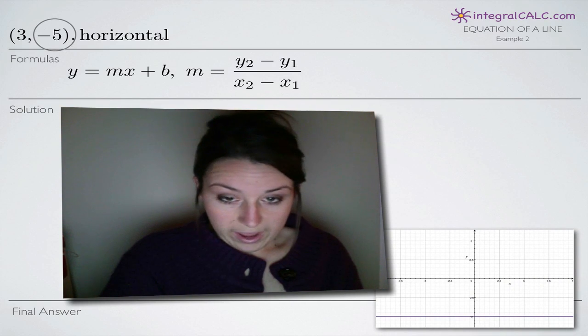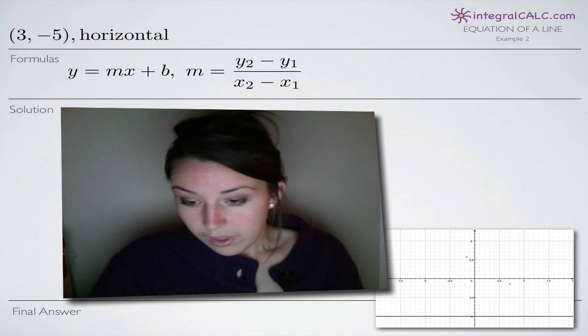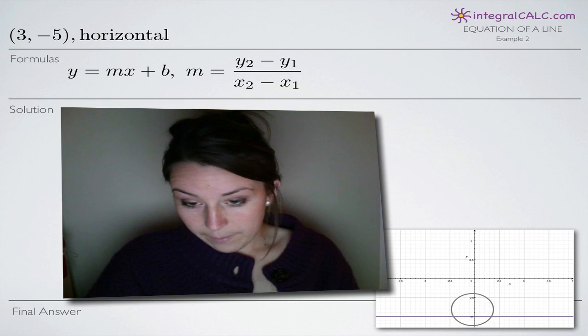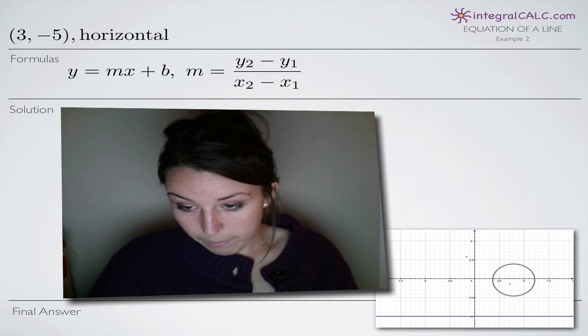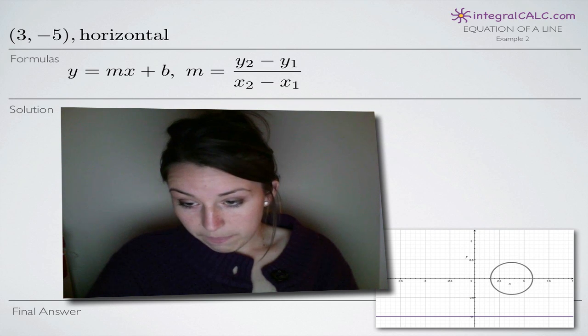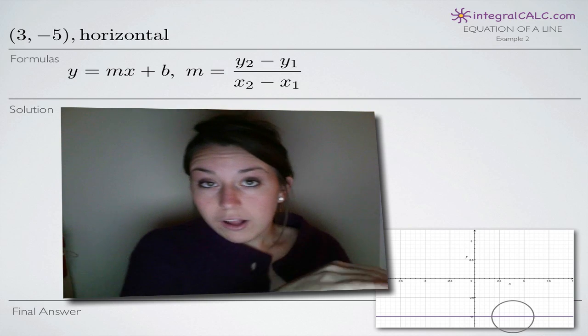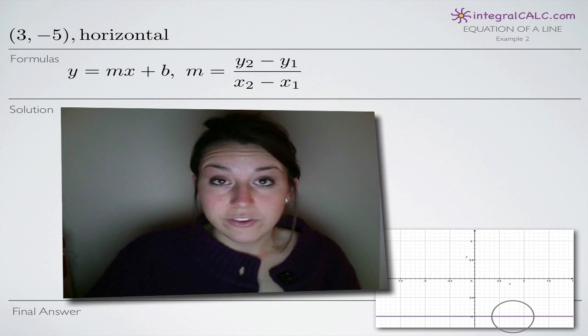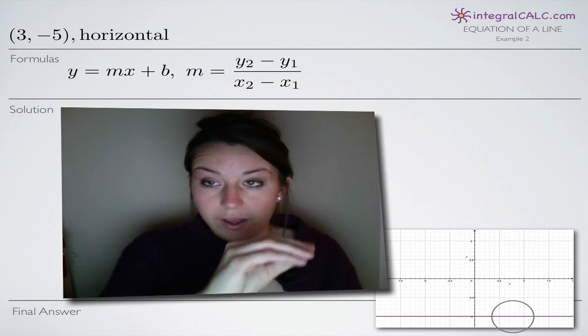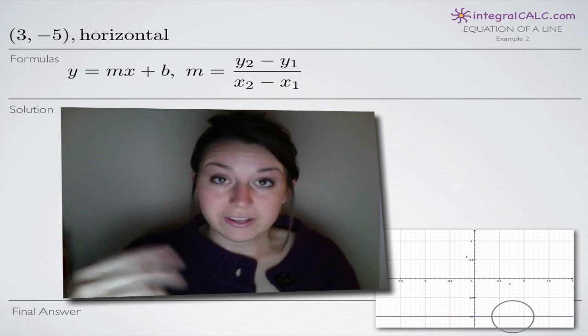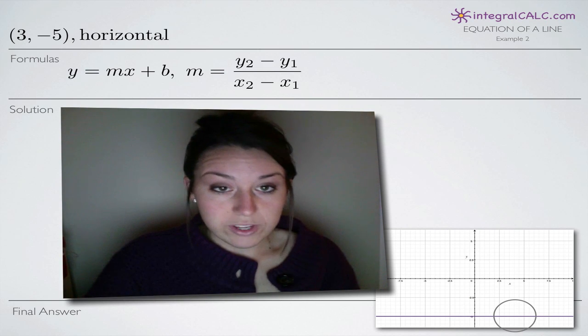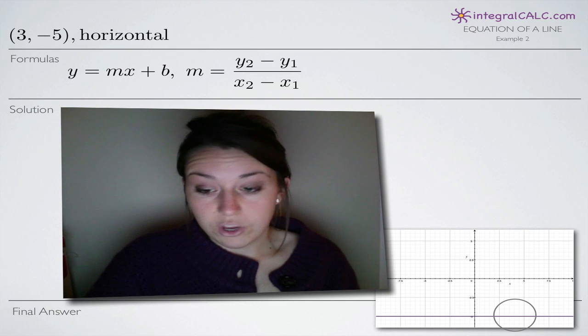When we do that, you can see here that we've plotted the point 3, -5 right here, and then we draw a completely horizontal line, and that'll give us a good visual about other points on our line, so we can pick a second point and use it to find m, the slope of the equation.